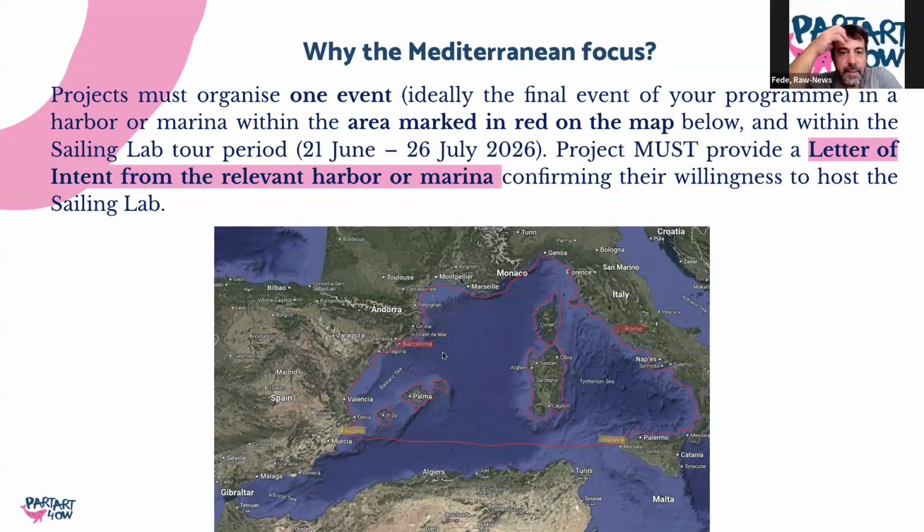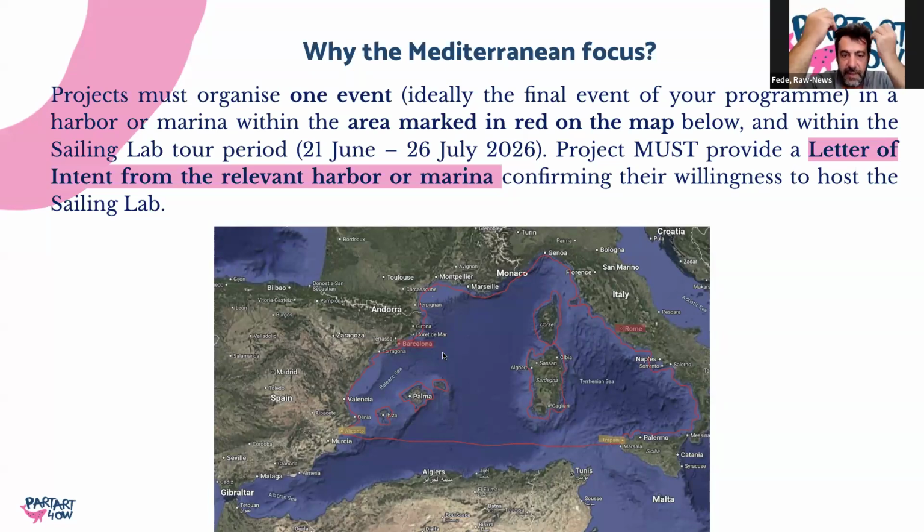Can I add something to this? Because I'm part of the Sailing Lab expedition, when there will be the winners, we're going to have a discussion together, organizing the dates according to the navigation plan. So this has to be a bit flexible on both sides.